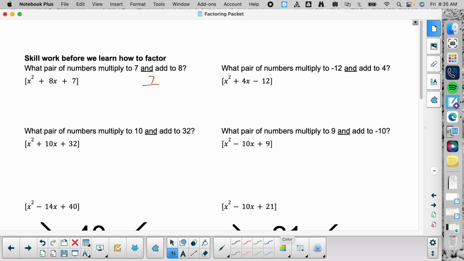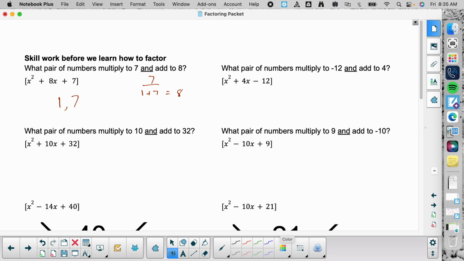For this one, it's kind of worthless because there's only one pair. The only way to multiply to get 7 is 1 and 7. And if I were to add those two numbers together, I would get 8. Okay? So on this one, it's very easy to figure out: 1 and 7.